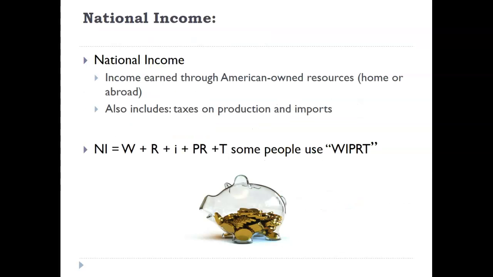Here we go. So the first thing is we're going to get to the national income, which is the income earned through American-owned, or whatever country you're in, domestic owned resources. One thing to note is this is based on nationality. And so we're going to have to switch some things. Even though we have things like McDonald's, which is a US-based company, McDonald's is all over the world.